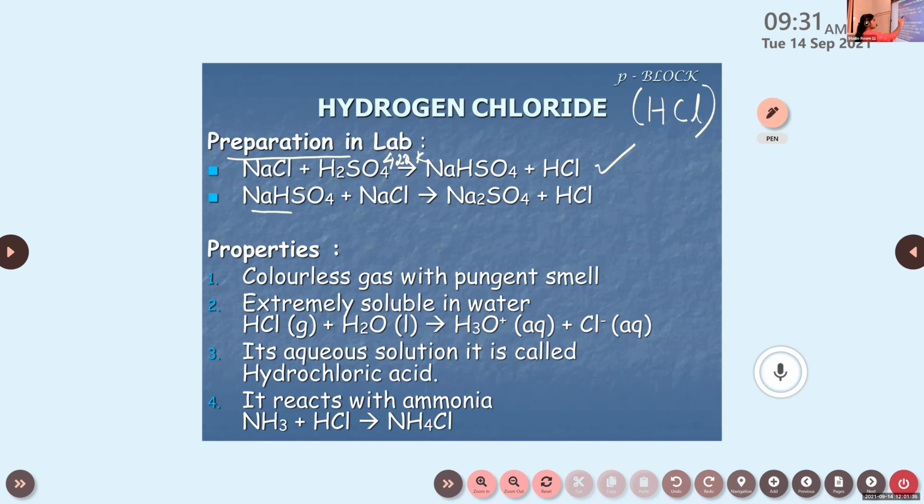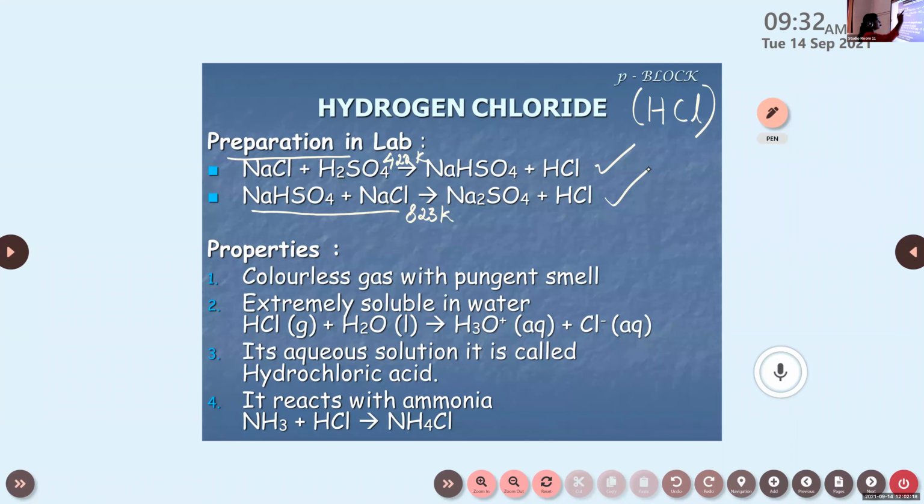This sodium hydrogen sulfate again reacts with sodium chloride at 823 Kelvin, a higher temperature than the previous reaction, and sodium sulfate and HCl are formed. So in the first step, sodium chloride and sulfuric acid give hydrogen chloride and sodium hydrogen sulfate, which again reacts with sodium chloride at higher temperature to form sodium sulfate and hydrogen chloride.